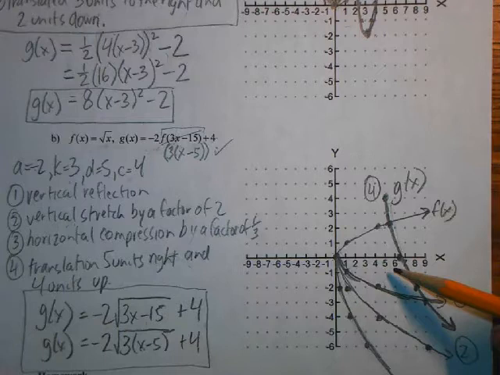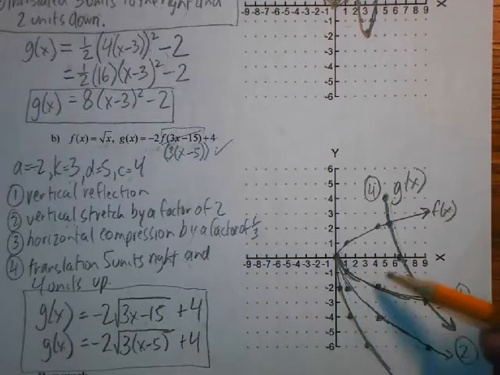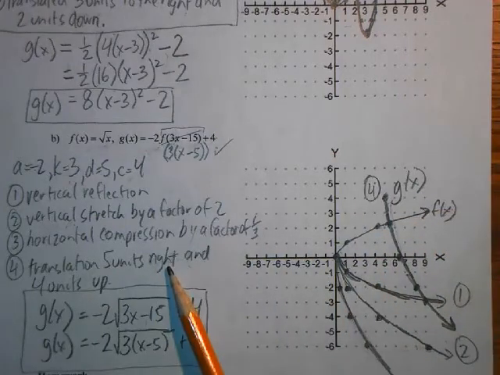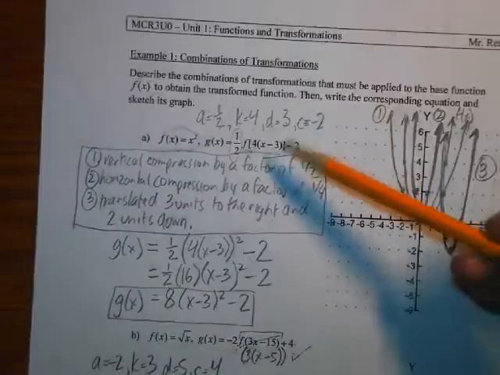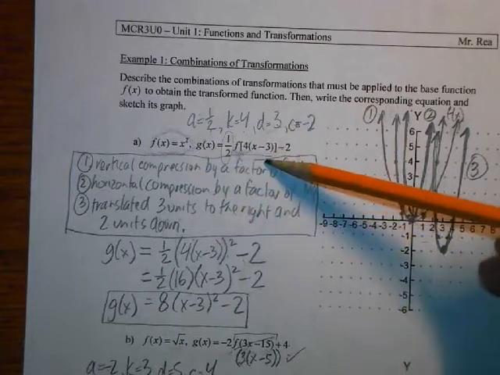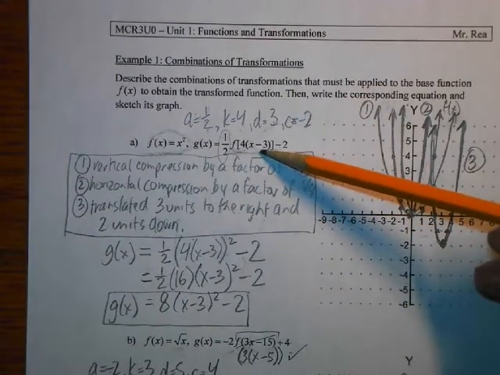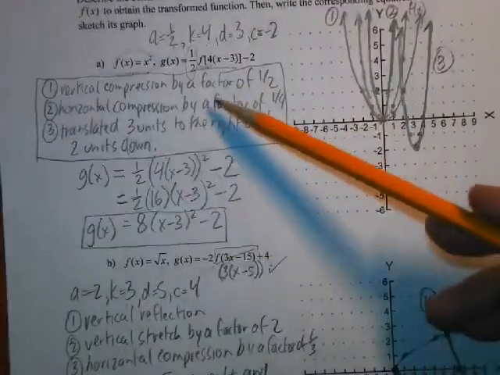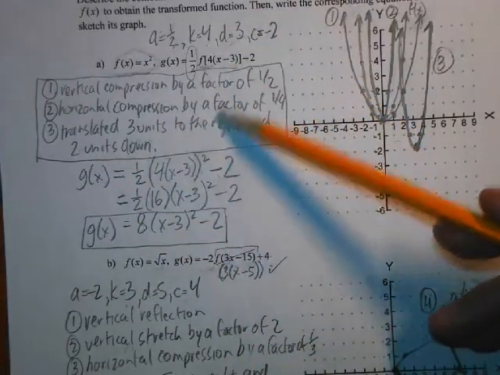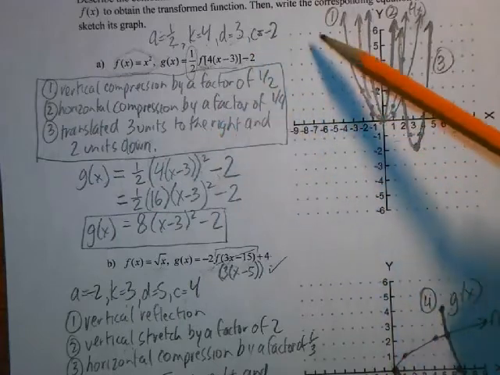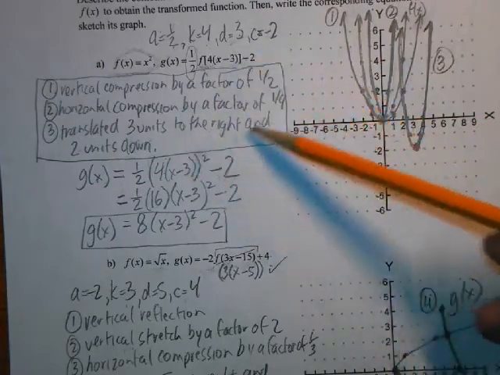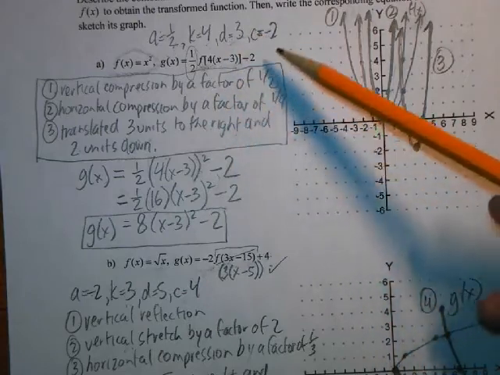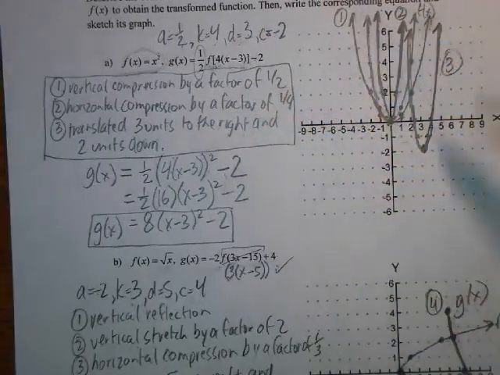We're still using the base points that we started with, but we're not drawing every single transformation as we go. Now the part that we did here, where we dissected the transform function, pulled out the A, K, D, and C values, and described what's going on in terms of transformations, is really important. You're going to have to do that still. So we're not throwing away this whole technique.